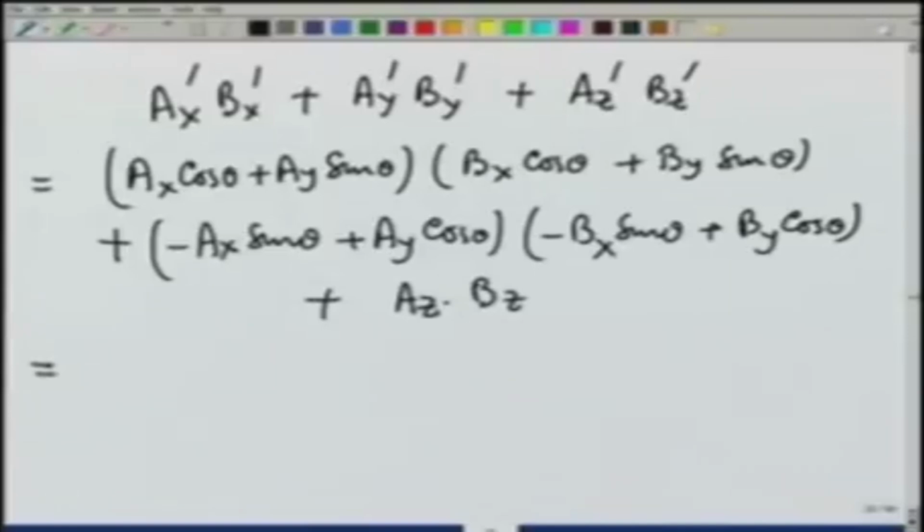This gives you a_x b_x cosine square theta plus a_y b_y sin square theta.